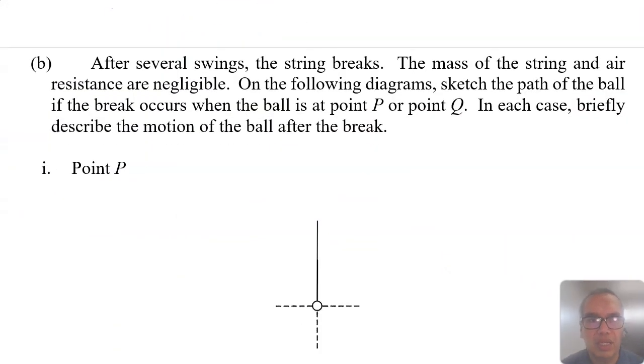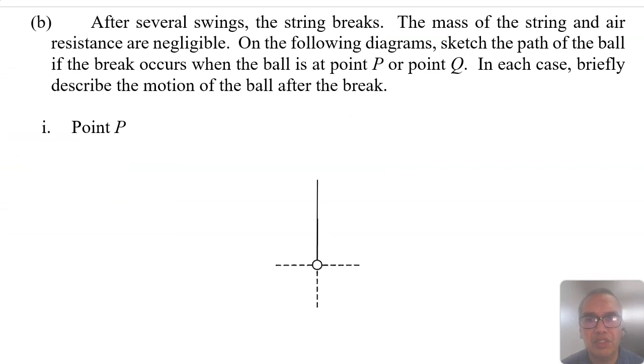Now, the next is a what if question. And what they want you to say is, what happens if the string breaks? So let's go there. See what they tell you about it. Consider that you can neglect the resistance, the mass of the string.